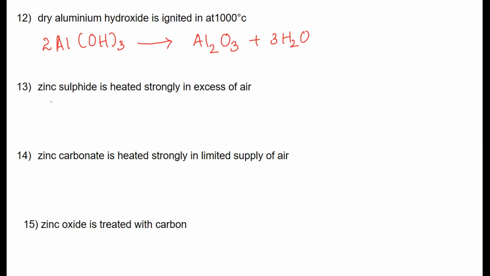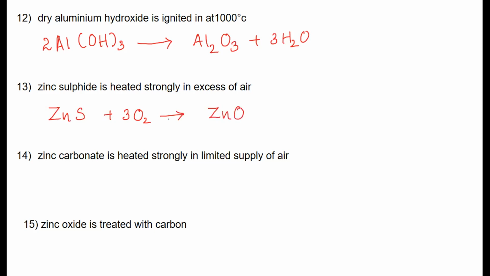Next question is, zinc sulfide is heated strongly in excess of air. Zinc sulfide formula is ZnS plus, heated strongly in excess of air, 3O2 gives zinc oxide.